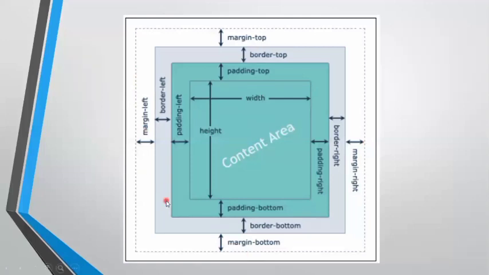Inside that come the border left, border top, border right and border bottom. Inside that comes the padding: padding left, padding top, padding right and padding bottom. And in the middle is the content area, where you put your contents inside the box.